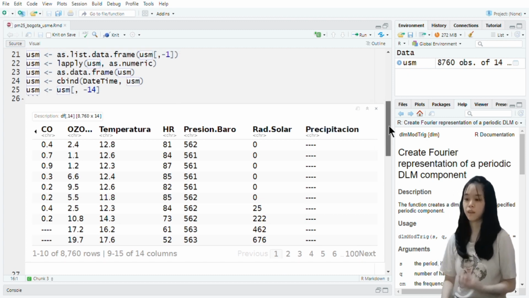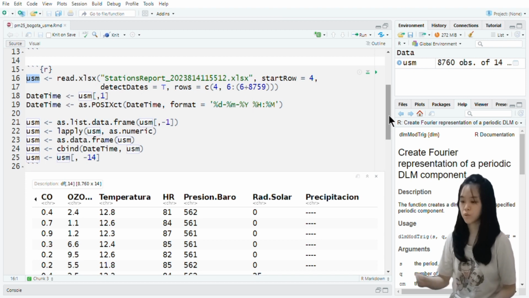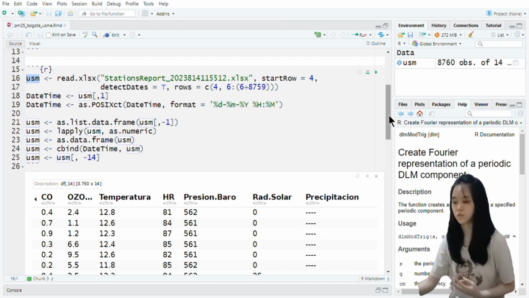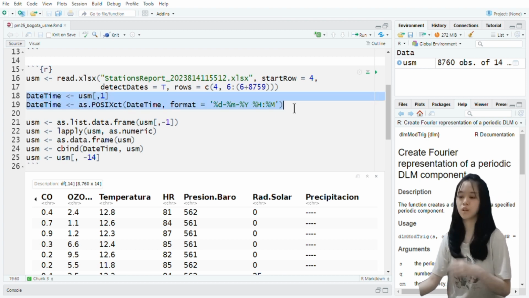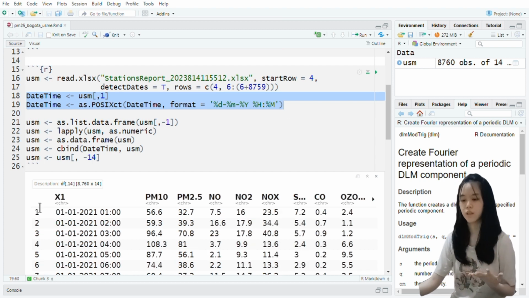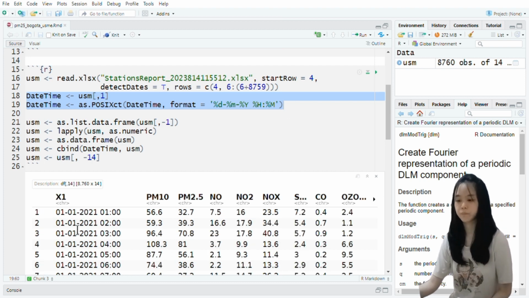So there are 2 main things we need to change. The first one is to change the class of the columns, and the second one is to remove the precipitation column. This line converts the class of the first column so that we will have datetime class.